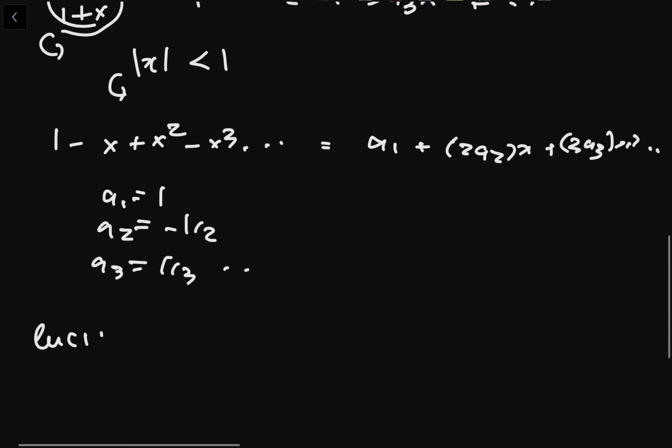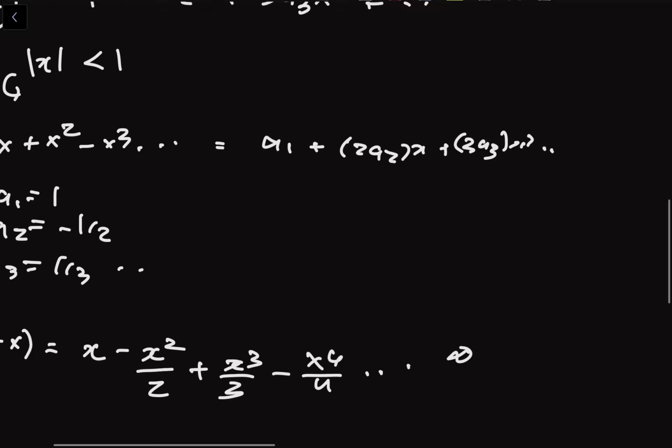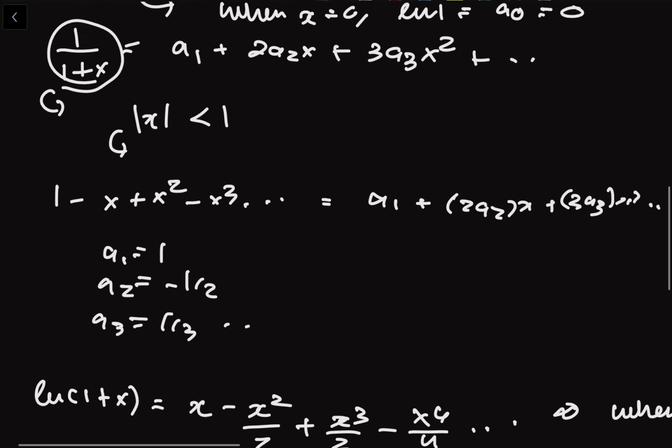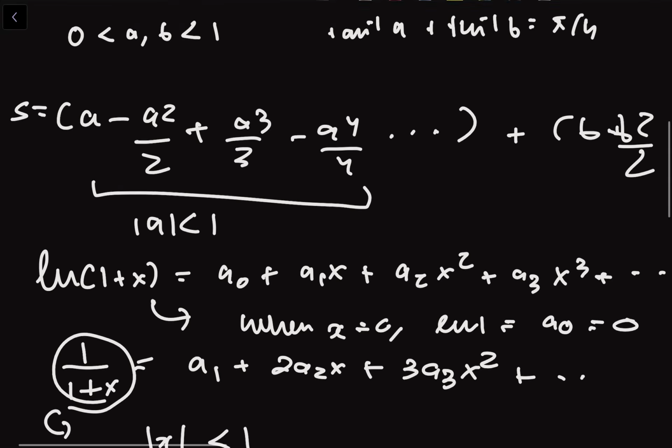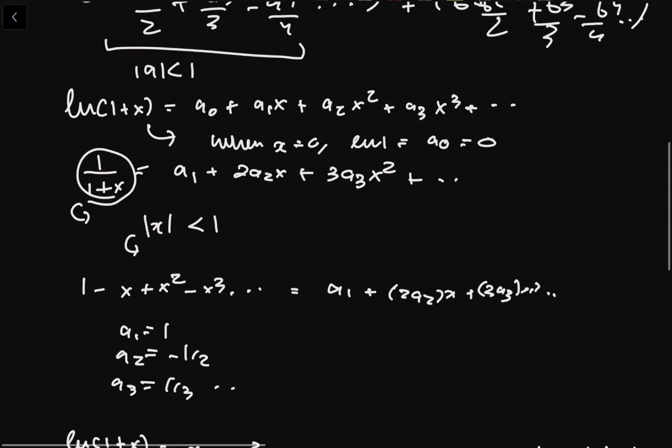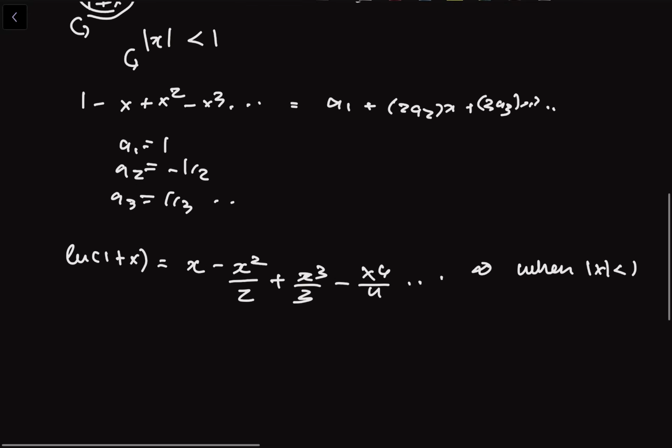So ln 1 plus x can be approximated as x minus x square by 2 plus x cube by 3 minus x to the power 4 by 4 dot dot dot till infinity, only when mod of x is less than 1. Now, when you look at this, it's given in the question that a is between 0 and 1, so mod of a is also less than 1. So this can be a valid conversion from the expression that we've gotten over here.